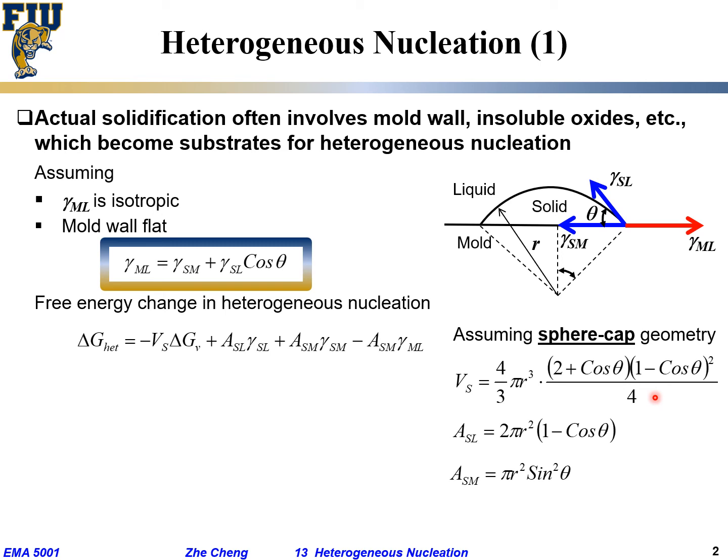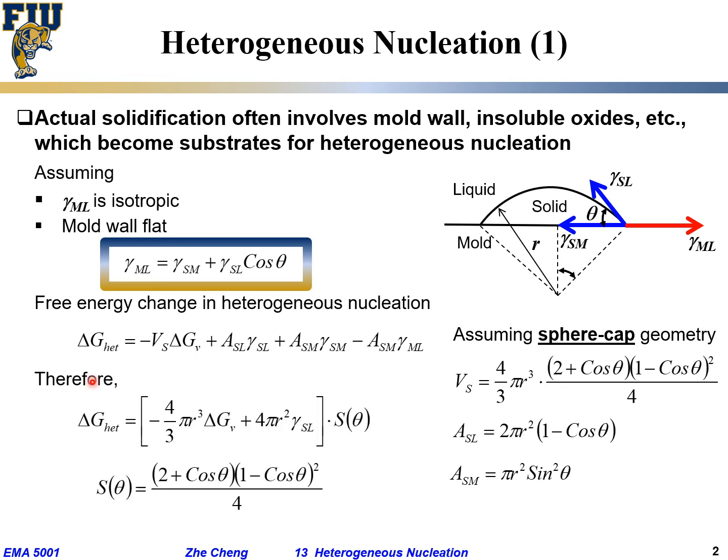We don't go into the mathematical detail. That's your high school geometry. So this is what we have: the V_S term, A_SL. When we plug all these numbers into this, we are going to plug all these into the delta G heterogeneous, and after we simplify the mathematics, we are going to have delta G heterogeneous equal to the square bracket times S of theta.